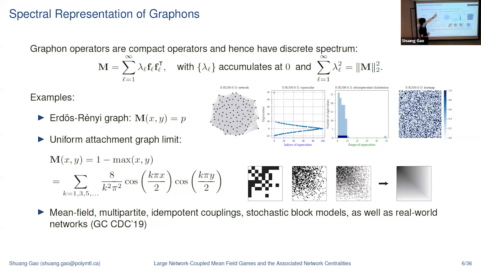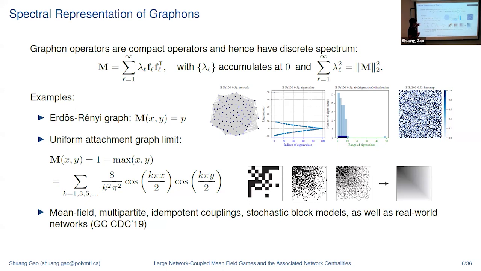We immediately see that the eigenvalues accumulate at 0. That is because the L2 norm of the graphon is bounded, which means the sum of the squares of the eigenvalues is finite, so they shrink to 0 quite fast.